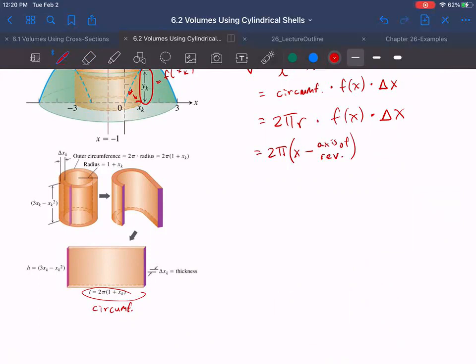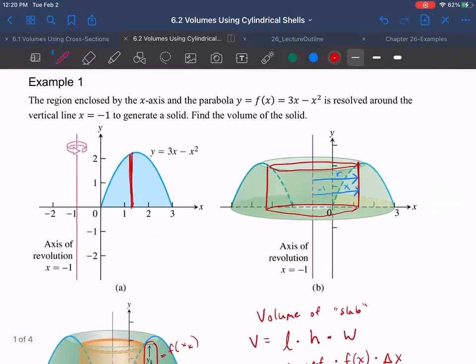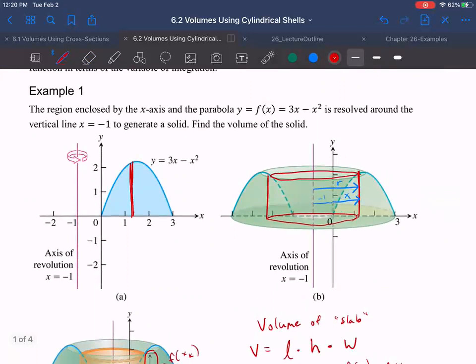So it'd be minus -1. So if x was 2, we'd have 2 minus -1. That gives us a radius of 3 for that specific shell, that specific cylinder.